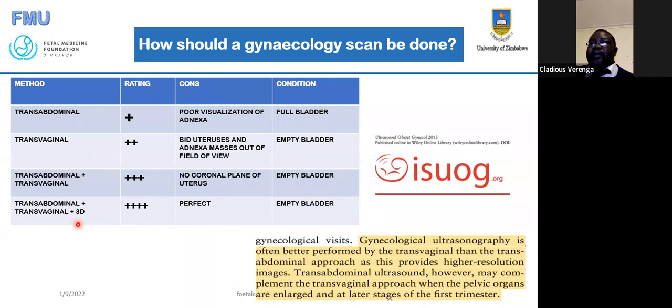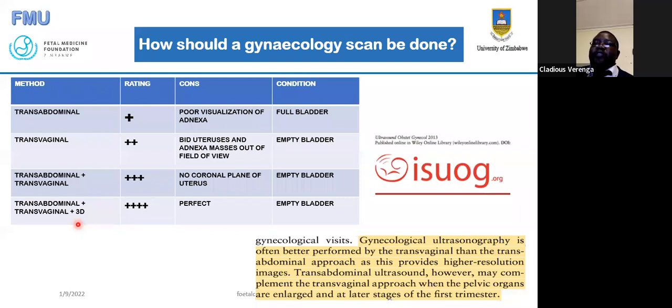There is another modality which I didn't mention on this tab here, which I just want to introduce, called saline sonography, whereby saline is infused into the endometrial cavity to allow for proper visualization of endometrial lesions. It is not very complicated.